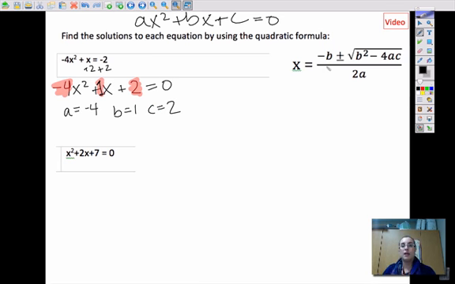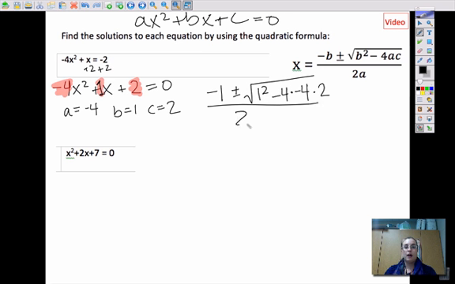So I'm going to take my formula and plug these numbers in. I'm going to take negative b, negative 1, plus or minus the square root of b squared, 1 squared, minus 4 times a, negative 4, times c, 2, all divided by 2 times a, which is negative 4. And I'm going to do all the multiplication and simplifying that I can.